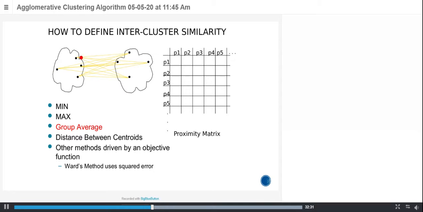We are going to calculate the distance between each point with each other point of other clusters. See, I am calculating the distance between this point also, this point also, this point also. Like that, each and every point of each cluster will have the distance calculated with each and every point of other clusters. Then we are going to select the average distances and which one is minimum. Those two clusters we are going to merge with each other.